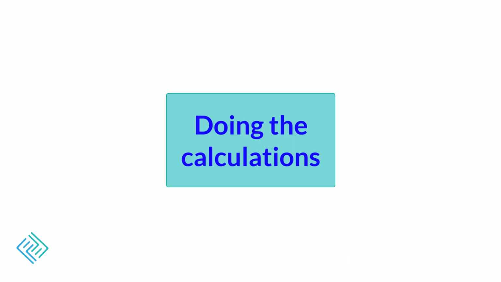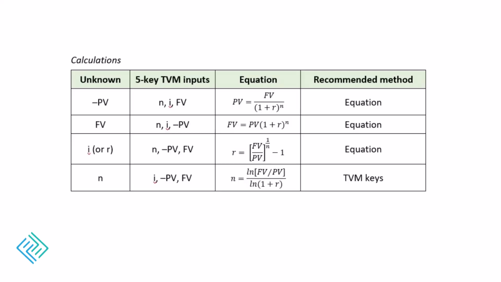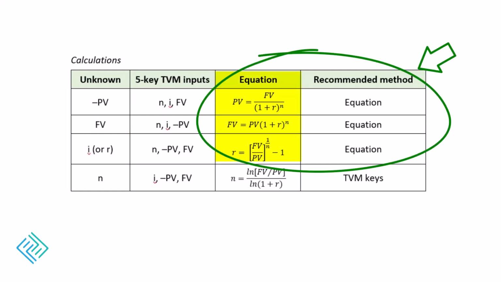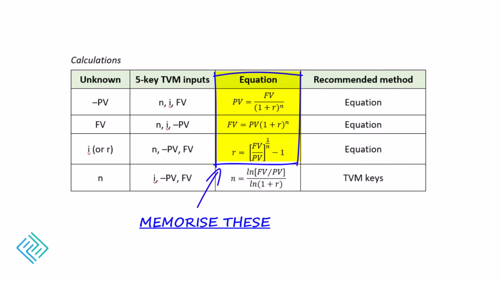Next, let's take a look at the two different ways in which you can calculate the various unknowns for a timeline such as this. You could use the 5 key TVM inputs of your financial calculator to solve for present value, future value, or rate of return, but I don't recommend that at all. Use the equations instead. In fact, I go so far as to say that you should memorize those equations and practice recalling them, because they are just so pervasive in finance and really useful.